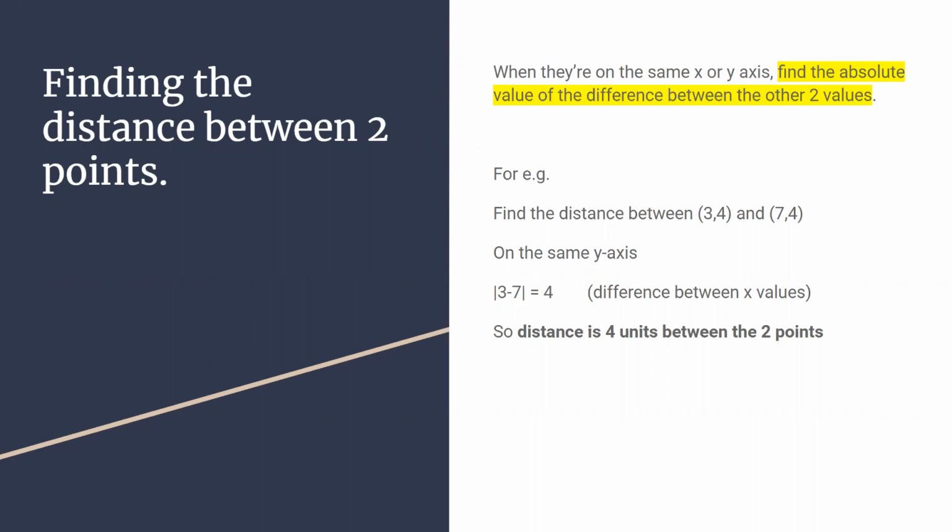So what you do is find the absolute value of the other values, which is 3 and 7, the x values. So 3 minus 7 will be the absolute value of -4, which is 4. So that's the difference between the x values, and the distance between the 2 points is 4 units.